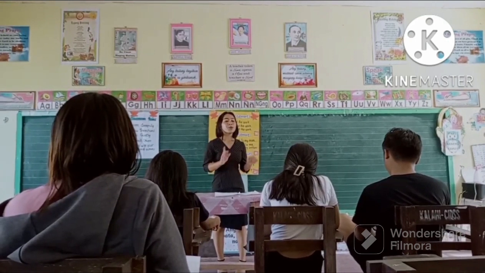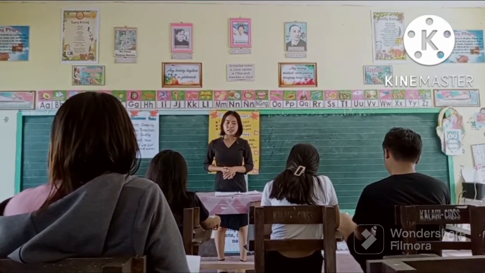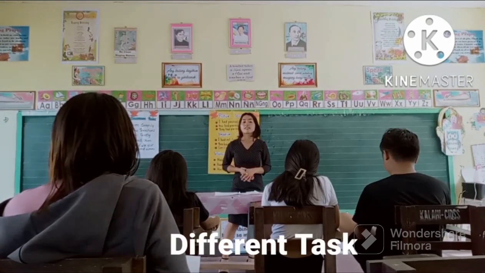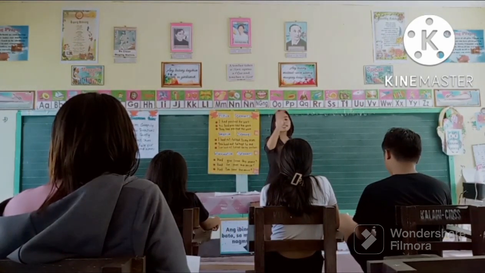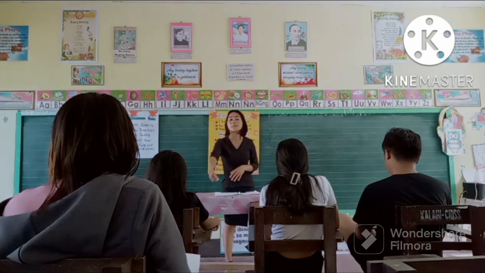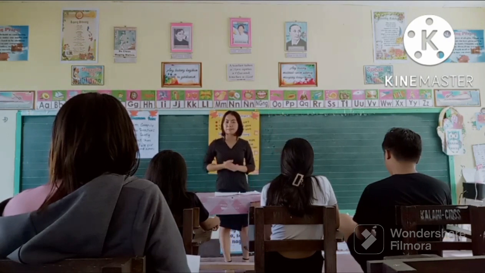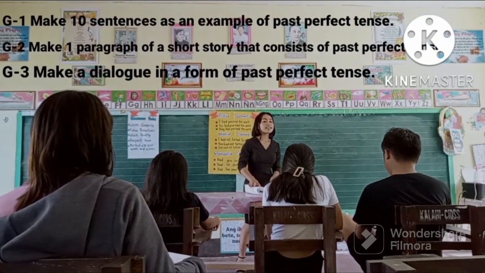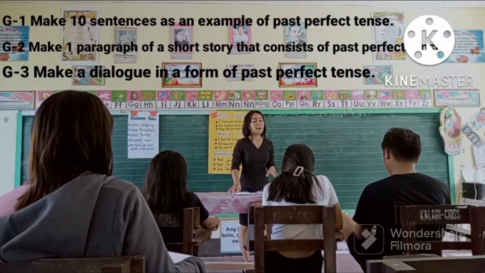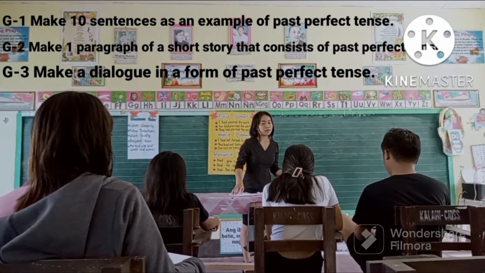Now let's proceed to our first activity. I will group you into 3 groups. Each group will have different tasks. This row will be group 1, this row will be group 2, and this row will be group 3. In the first group, you're going to make 10 sentences as examples of the past perfect tense.